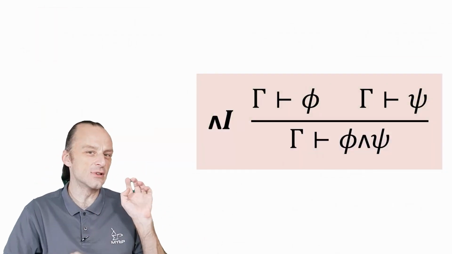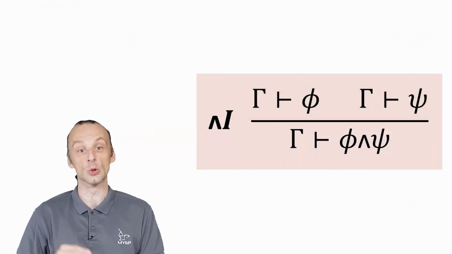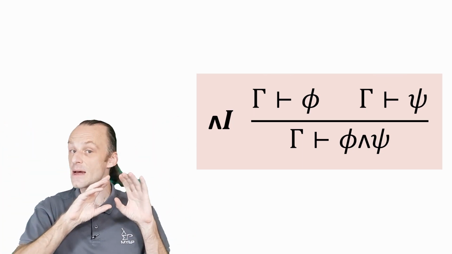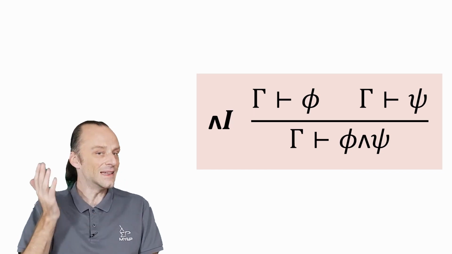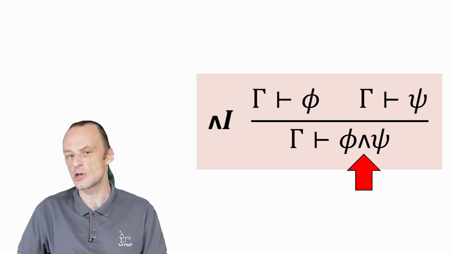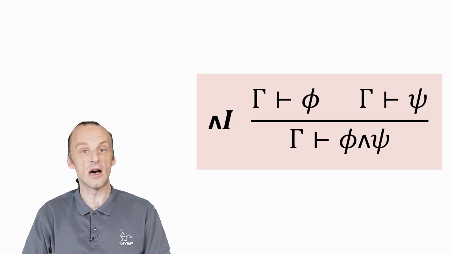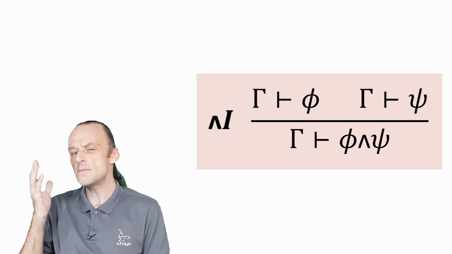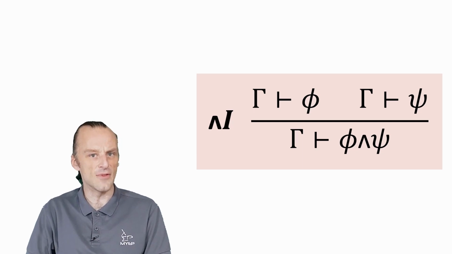Looking at what is labelled as the conjunction introduction rule, we can see that once again, two inputs at the top lead to a single output at the bottom, and this output includes a conjunction. Our simple statements are the lowercase Greek letters phi and psi, but we're not simply introducing them like we did before.